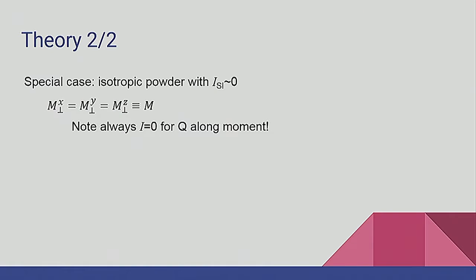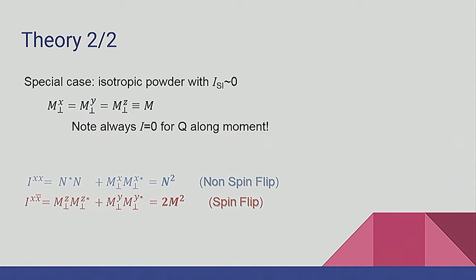And a friendly reminder that if your Q is along X, then the M perpendicular X terms will go to 0. And also, if it's isotropic, then there will just be 2M squared in the bottom equation.